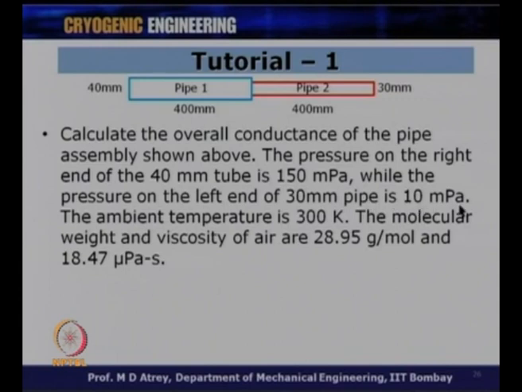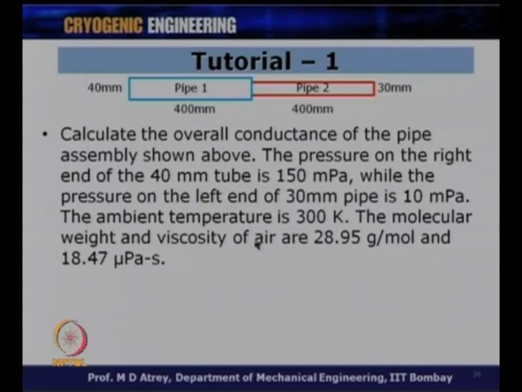So, you can see that you have 10 millipascal and 150 millipascal as two pressures. The ambient temperature is 300 Kelvin. All right. So, we have one pressure on this side, and one pressure on this side. The molecular weight and the viscosity of the air are given.